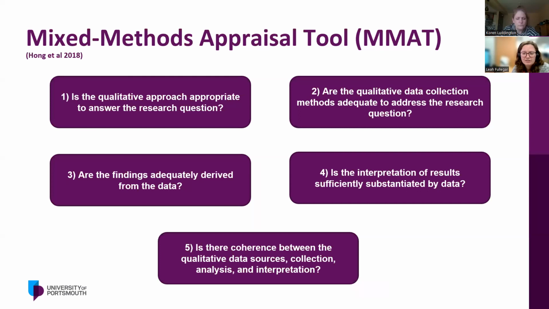If we look at the first one, which is, is the qualitative approach appropriate to answer the research question? This means that this is asking you whether the actual approach to collecting data is likely to be useful for answering the question that's stated in that paper. For example, if the research question is, how do staff in multidisciplinary teams reach a decision on the best care for an older adult with complex needs?